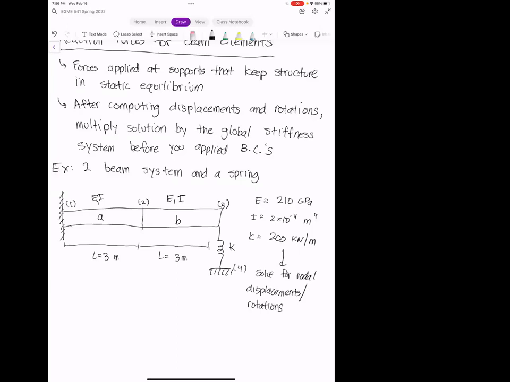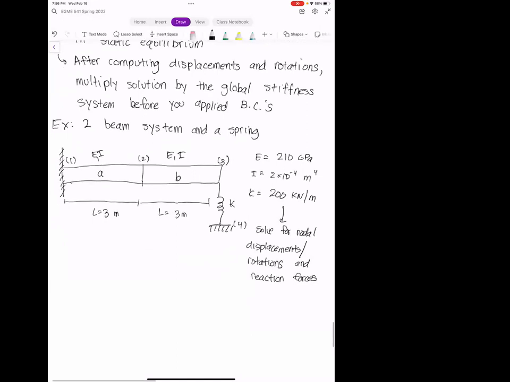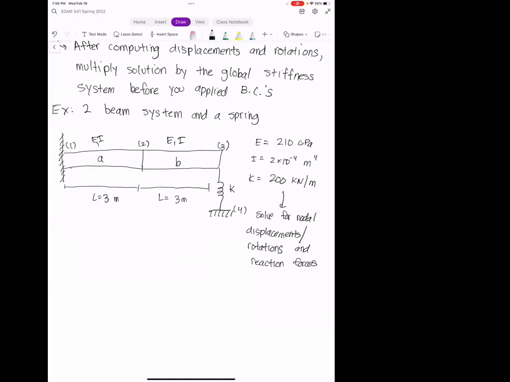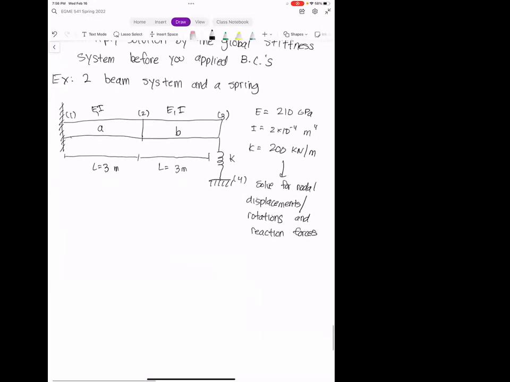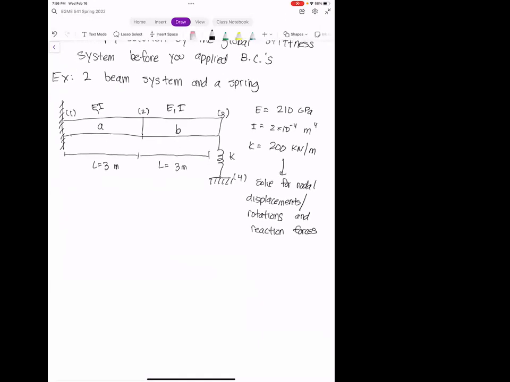And then after that, let's solve for the reaction moments, our reaction forces. That's a good spot. All right. So that's the problem. Any questions on the problem setup?